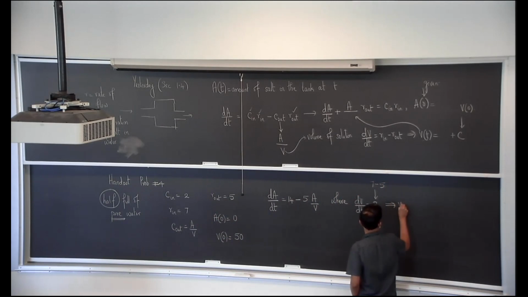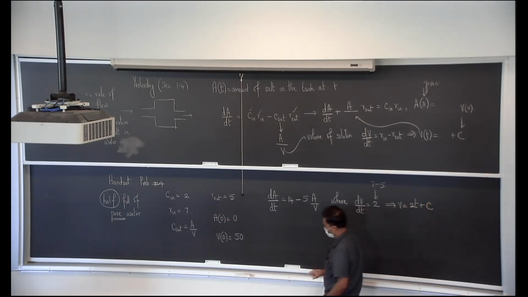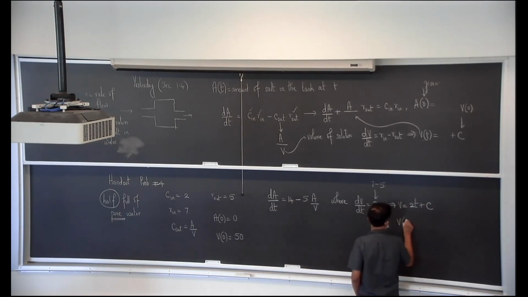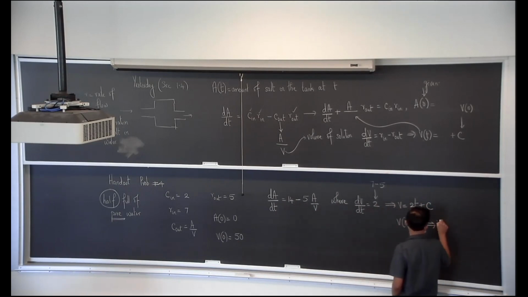So V is 2t plus C, and since V of 0 is 50, volume as a function of time is 2t plus 50.